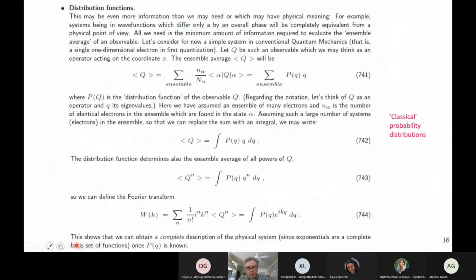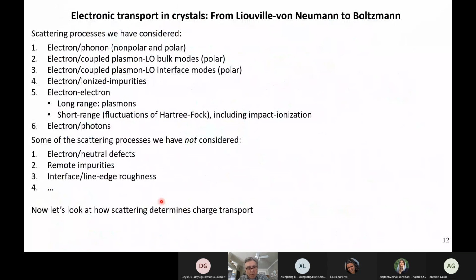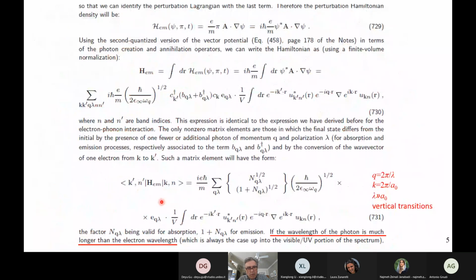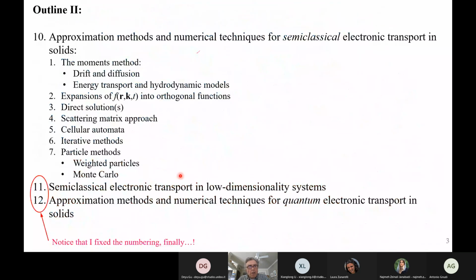But today we're going to talk about radiative processes. Probably in the next few lectures, we'll be talking about how to solve the transport equation.